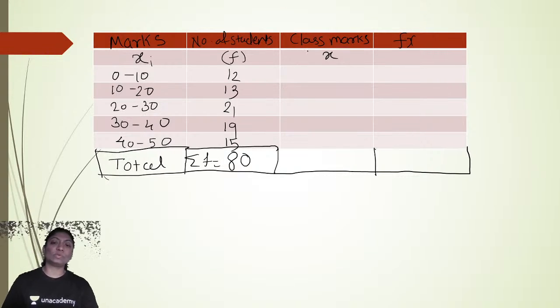Okay, class marks. Now how to calculate the class mark? The class mark x can be calculated as upper limit plus lower limit divided by 2. So x is equal to class mark.